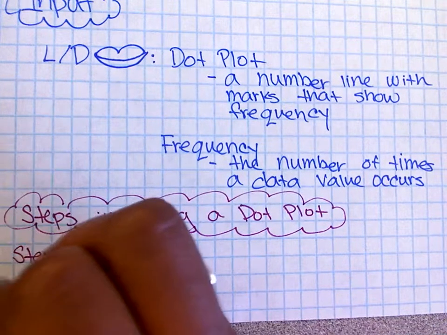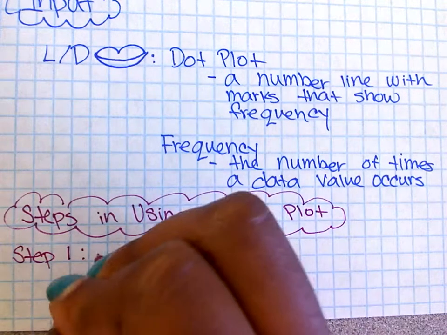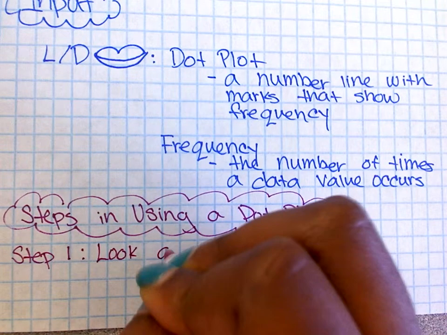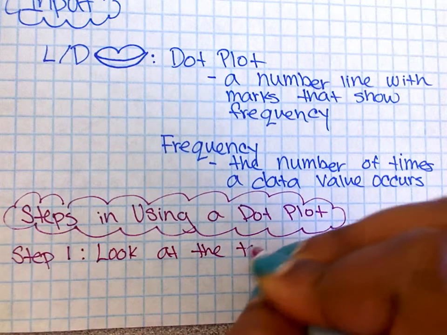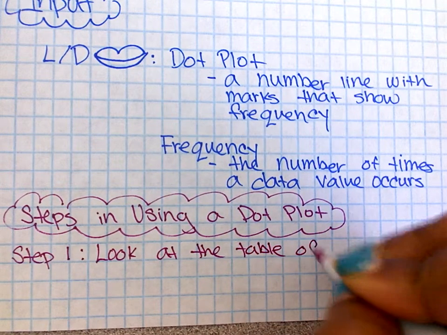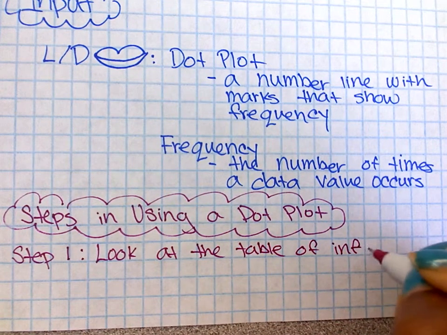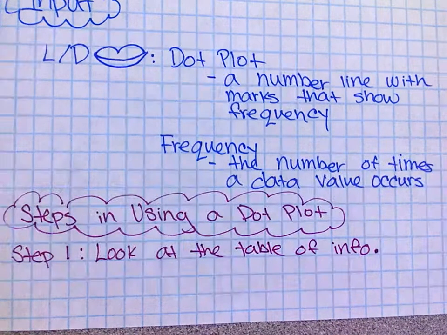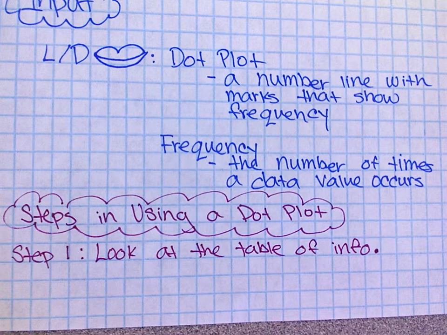Step 1. Look at the table of information. We'll abbreviate. Look at the table of info. So they'll give you a table. It'll have a bunch of information on it, and you have to analyze it.